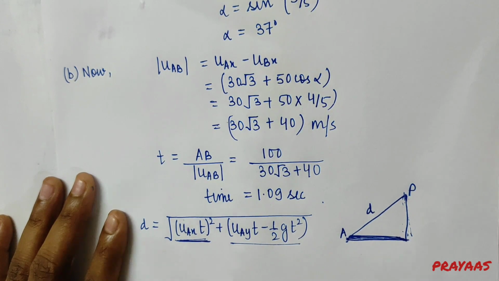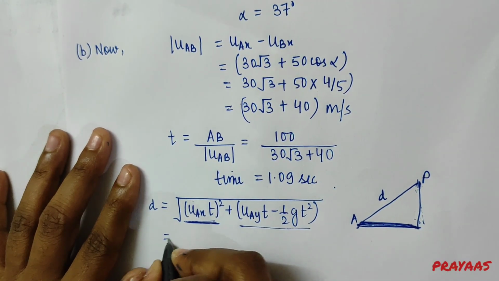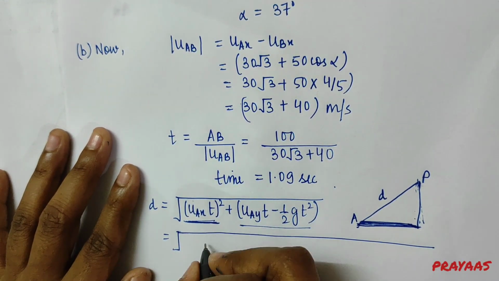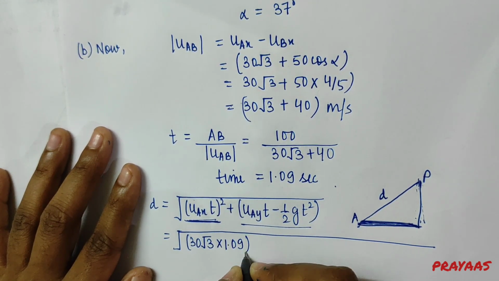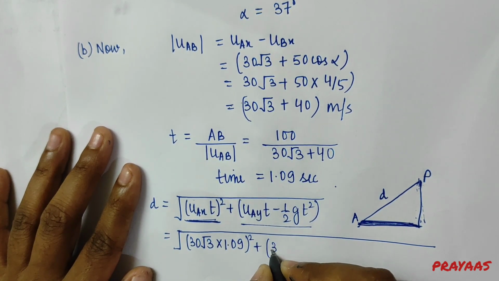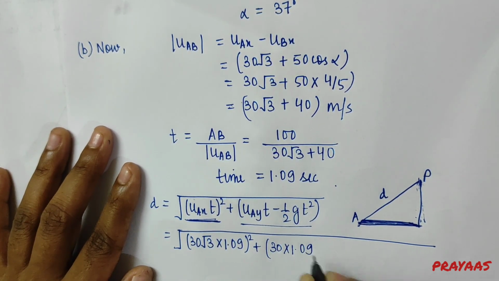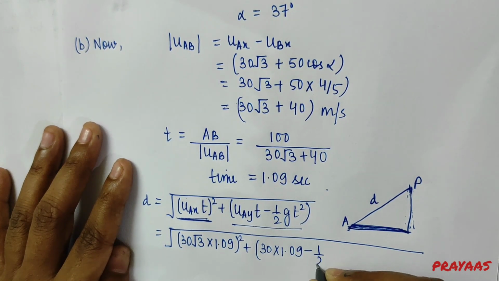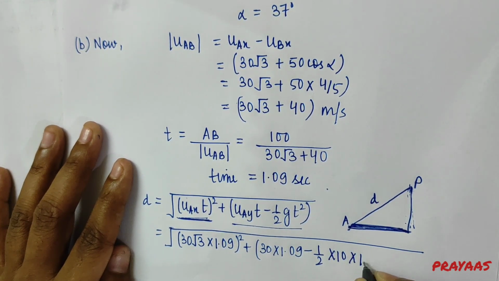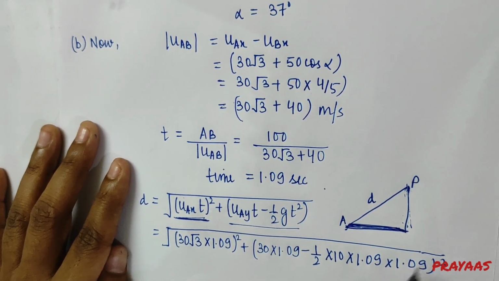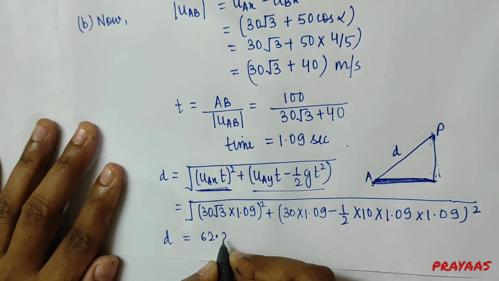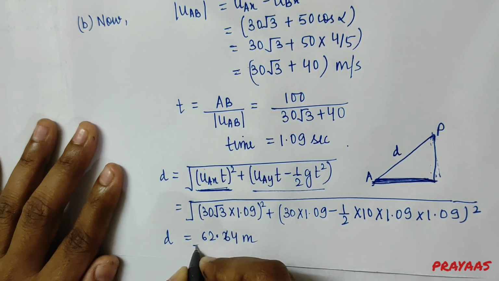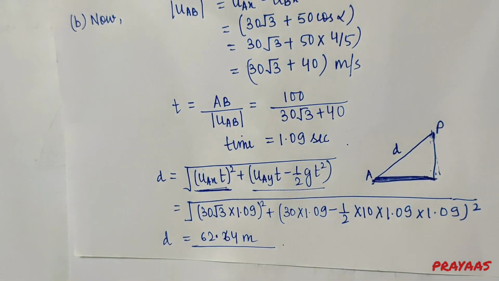This will be under root of (30 root 3 into 1.09) whole square plus (30 into 1.09 minus half into 10 into 1.09 into 1.09) whole square. On solving this, the value of D will be 62.64 meters, which is the final answer.